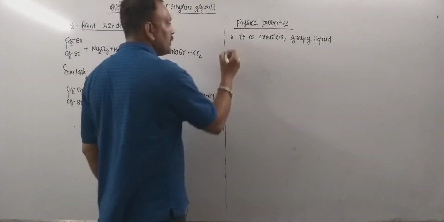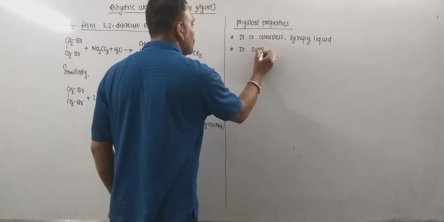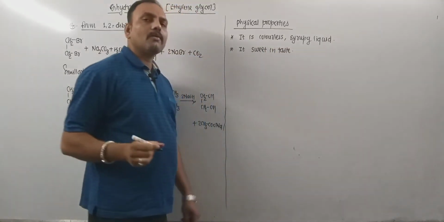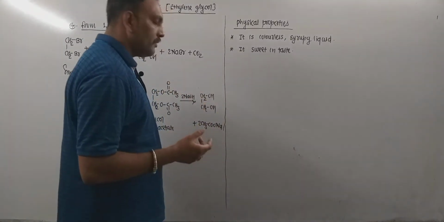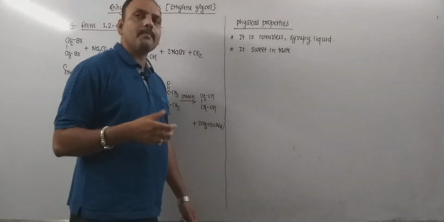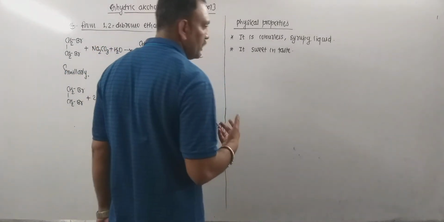Second very important thing is it is sweet in taste. And remember, for alcohols, sweetness goes on increasing with increase in number of hydroxyl groups. So greater the number of OH groups in alcohol, greater will be the sweetness, obviously.